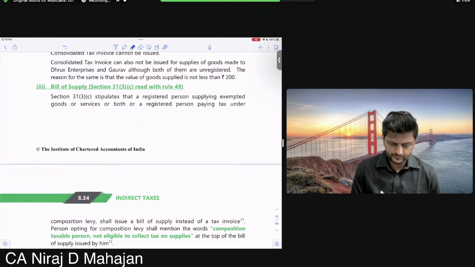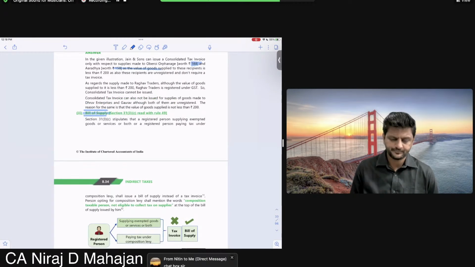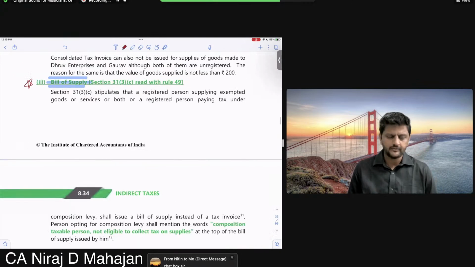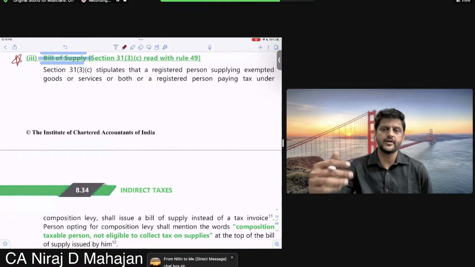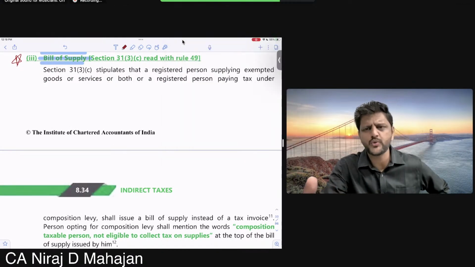Next one. Bill of supply. Ready? Star mark. One single star mark is okay. But the other earlier one, which we have discussed just now, that is important. Whatever services may be given, you can give service to anybody, na.